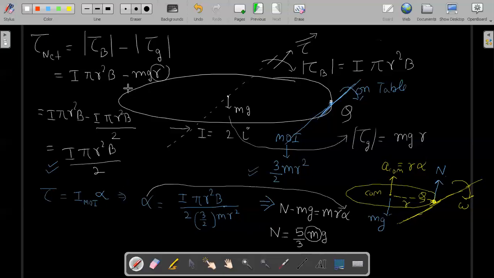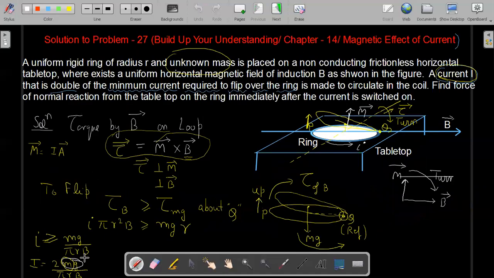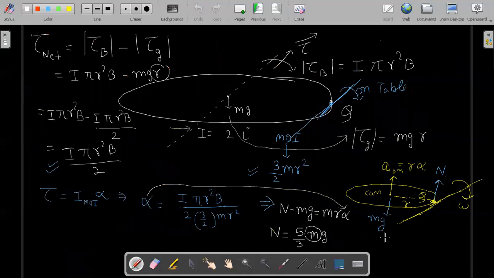And this mass can be replaced by the previous expression. So from this expression, you can replace the value of mass, which is pi r b capital I over 2g. So you can replace mass as pi capital I small r b over twice g, and then you will get the value of the normal reaction force as given in that book.